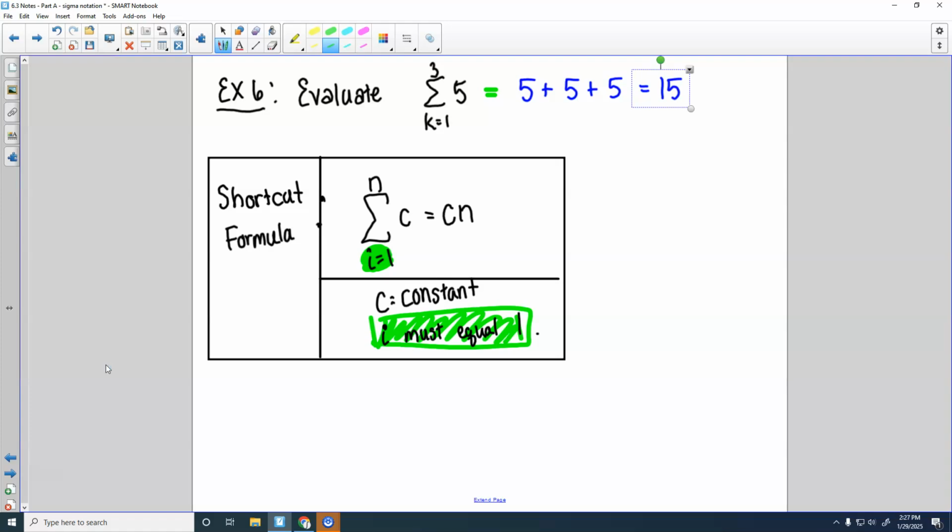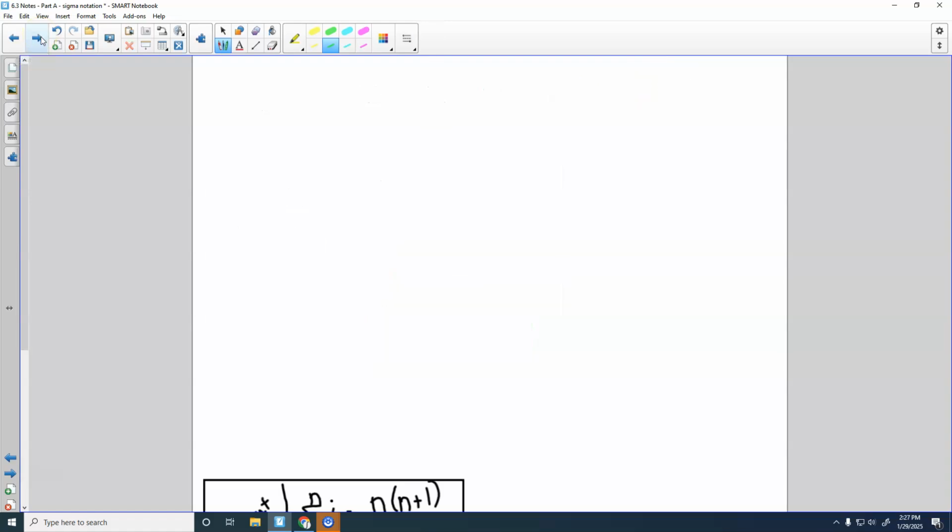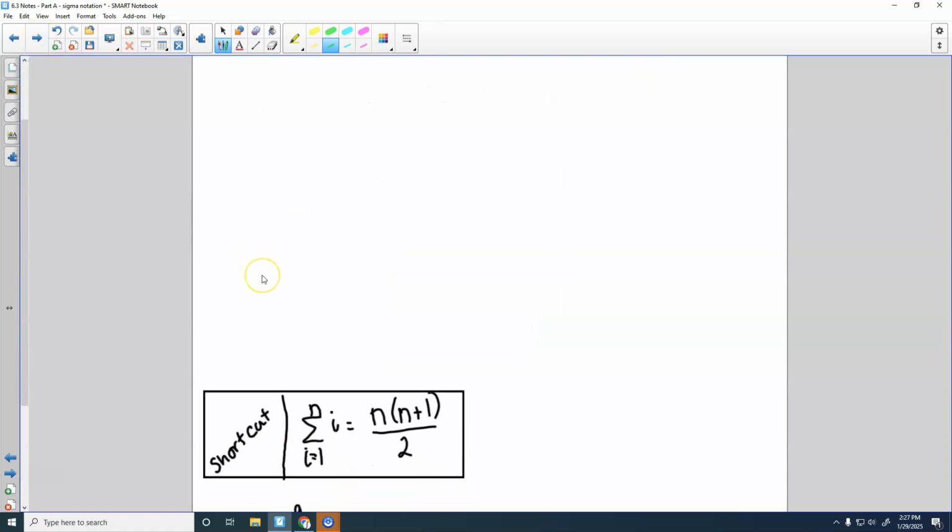And in the past I have tried to do more with it, and they don't put it on there a whole lot, and you really just need a basic understanding, I think. So let's continue on. All right, this next shortcut formula.